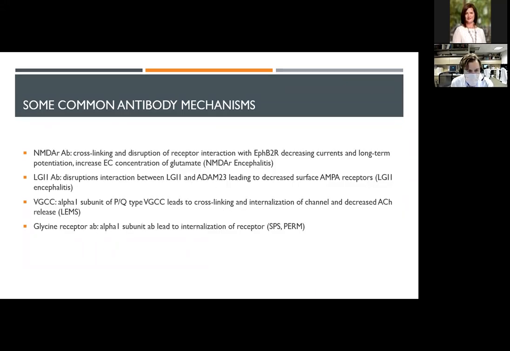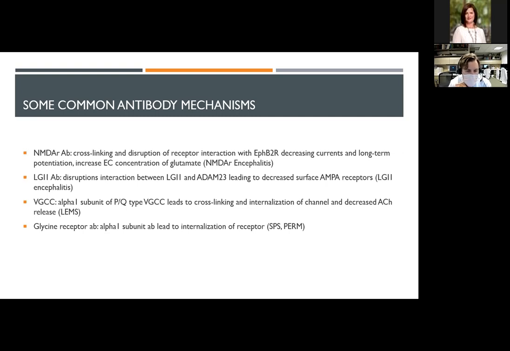So I mentioned some other common antibodies here because they do tend to come up. This is more just because it's interesting. These NMDA receptor, LGI antibodies, voltage-gated calcium channels, glycine receptors, these are all cellular membrane antibodies. They're extracellular. So the antibody will bind to it, and then those become non-functional. They get internalized.